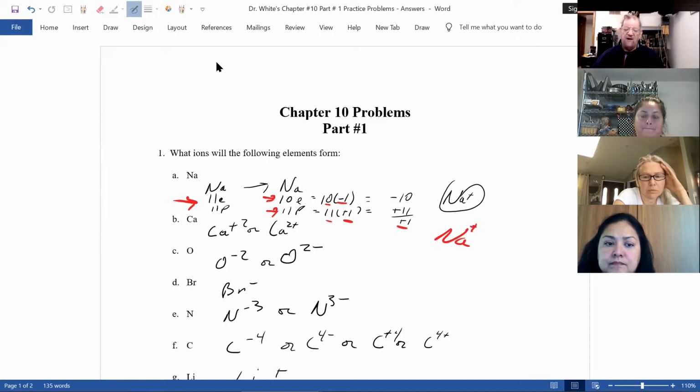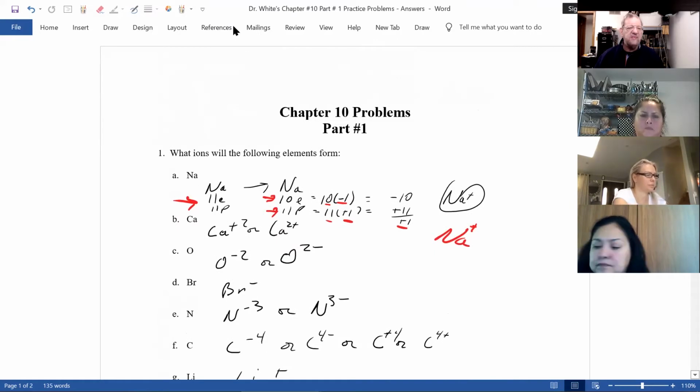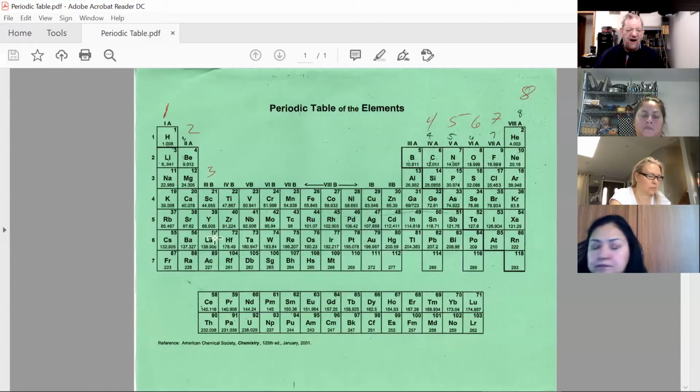Now, if we have a larger plus, we do something else. Let's do calcium. How many electrons does calcium have? 20. How many protons? 20. How do you know? The atomic number. What's the nearest noble gas numerically by atomic number? You have two choices.